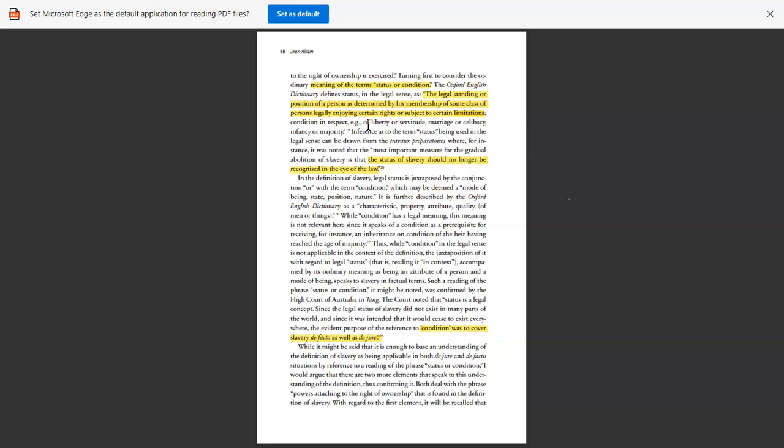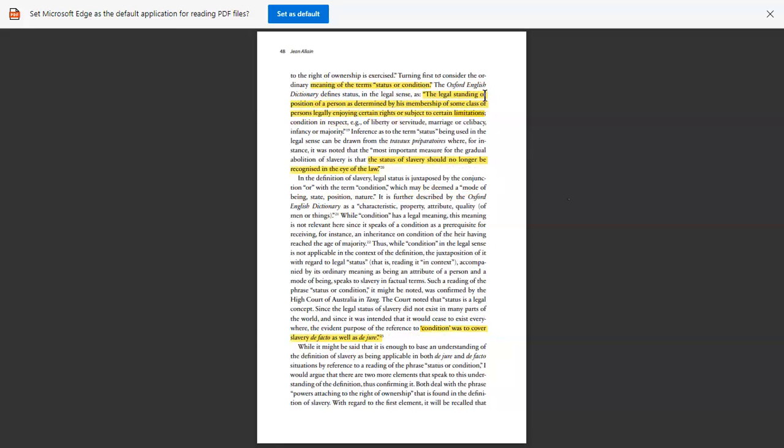So as we move forward, consider the ordinary meaning of the term status or condition. The legal standing, right? Again, this is a legal sense, which is not a term of art. So again, they've created a definition.